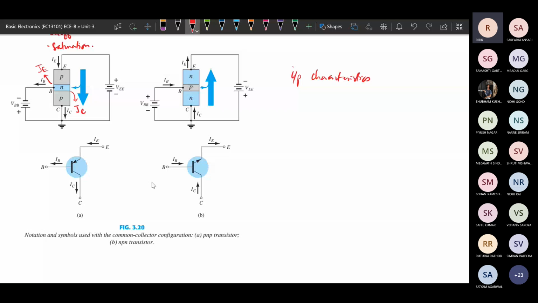Input characteristics we will be plotting with respect to the voltage.